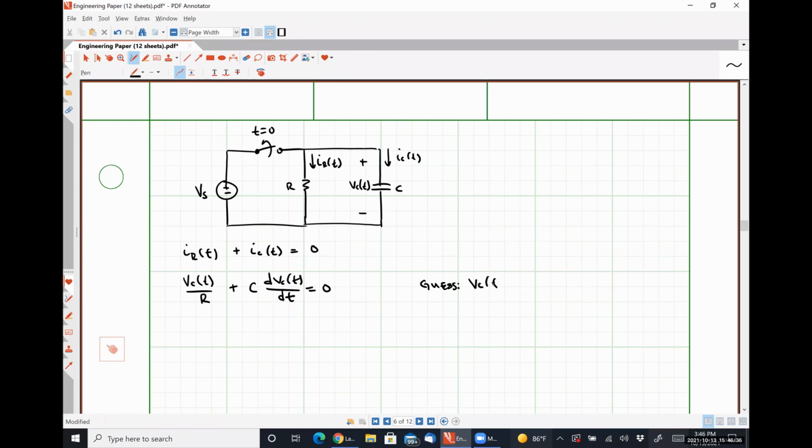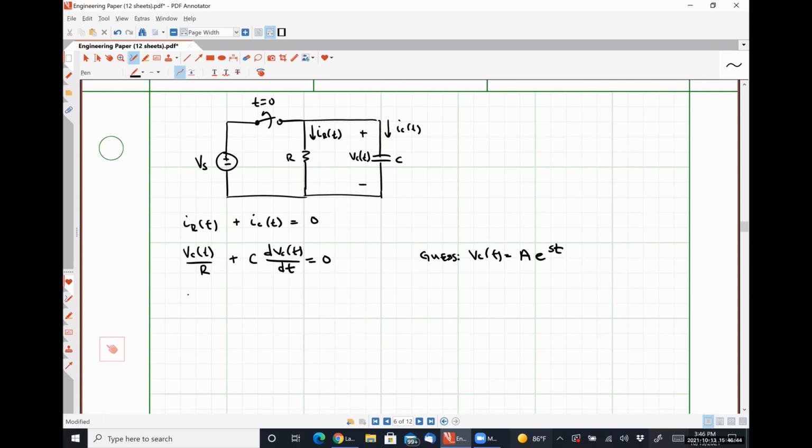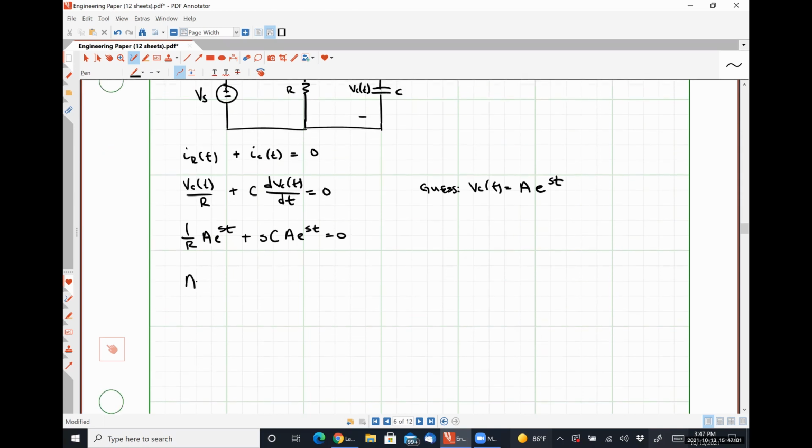So we guess that VC of t is going to be of the form A e to the st. If we substitute that in, we find that we have 1 over R A e to the st plus sC A e to the st is equal to 0. Grouping terms, we have A multiplied by (1 over R plus sC) e to the st is equal to 0.